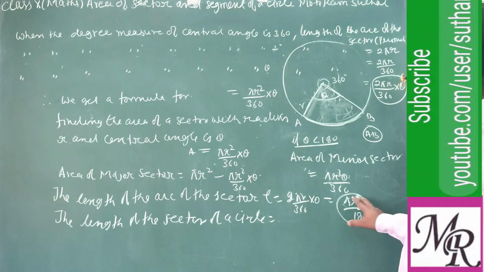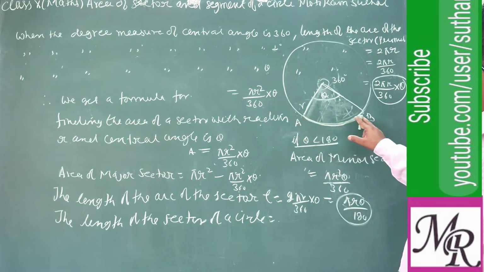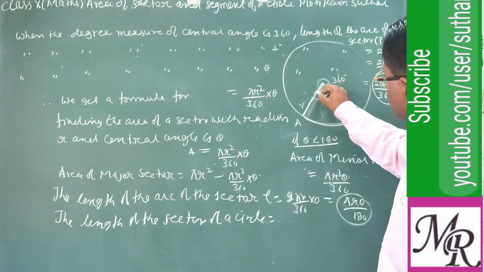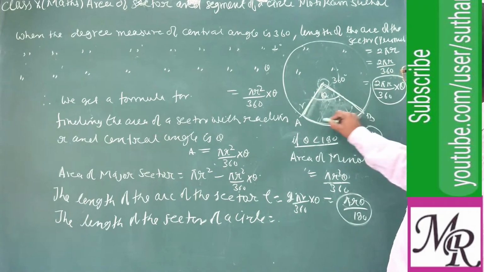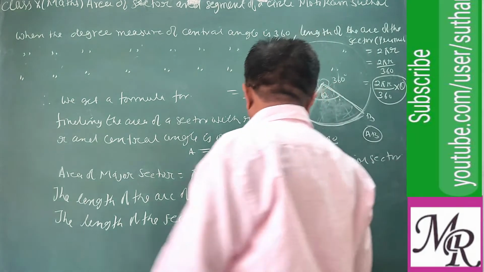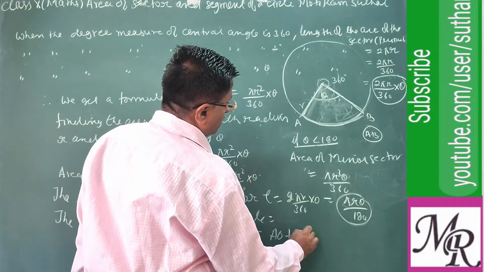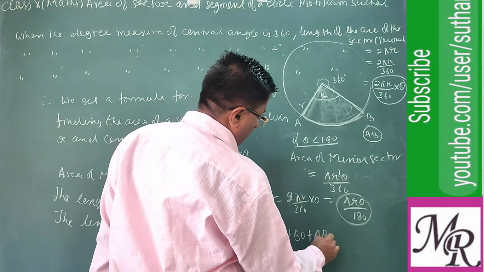Because this is the length of arc of a sector, and now we are saying what is the length of the sector: this plus this plus this. So very important, you should be clear about this, there should be no confusion.